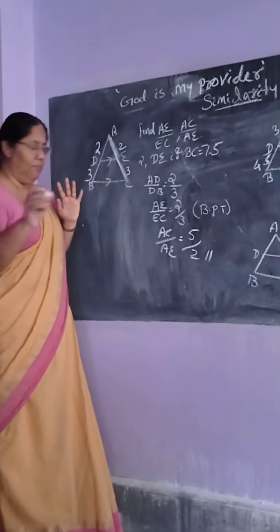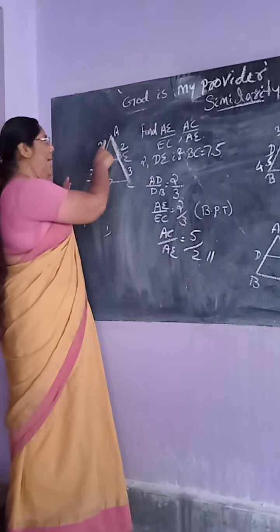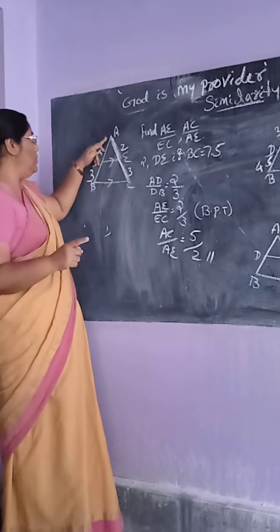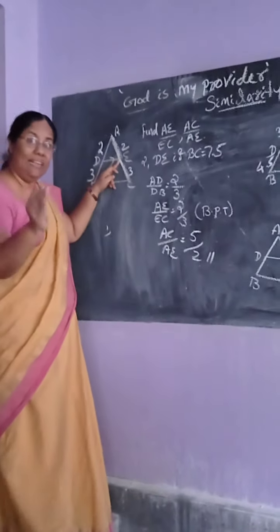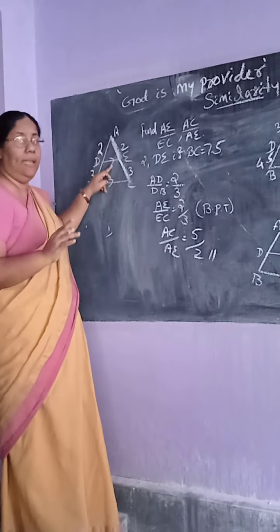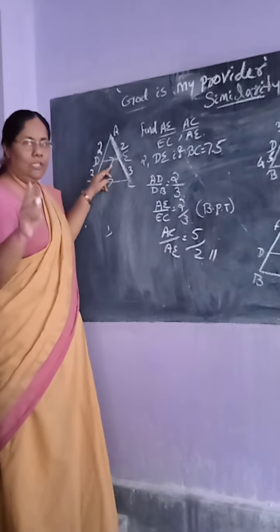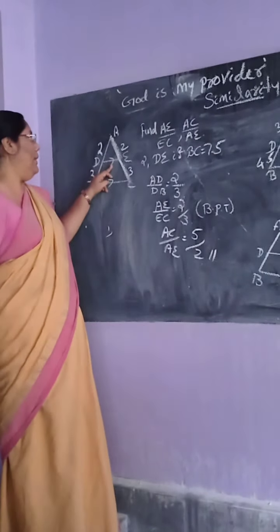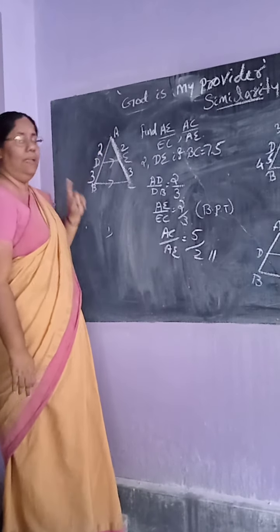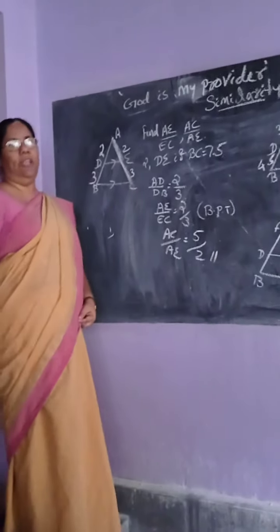Okay. Then what is the first one? You can write angle ABC equal to angle ADE. Study the previous proof. What is the reason? Yes, corresponding angles are equal. Then ACB equal to AED. That is also corresponding angles.